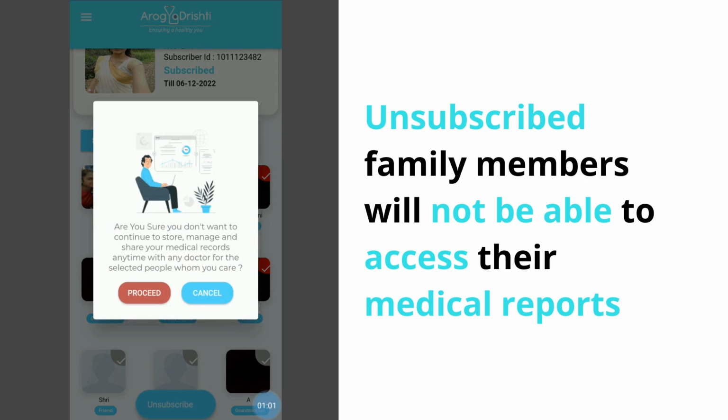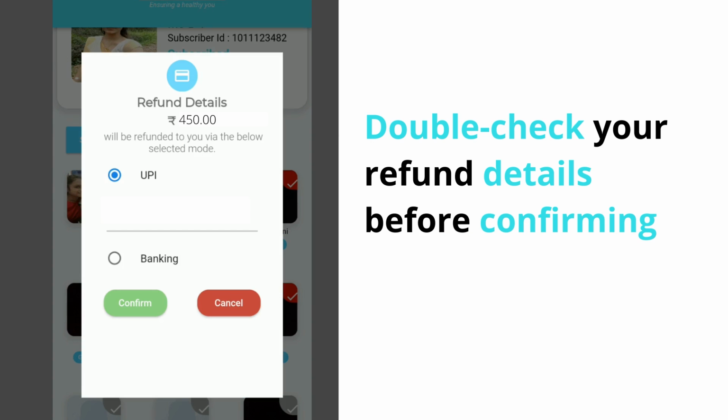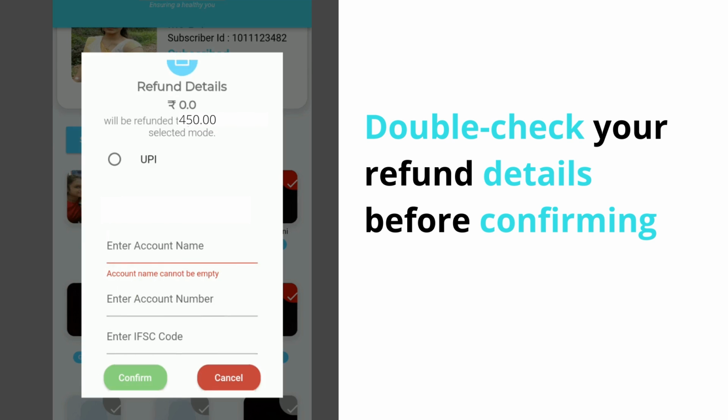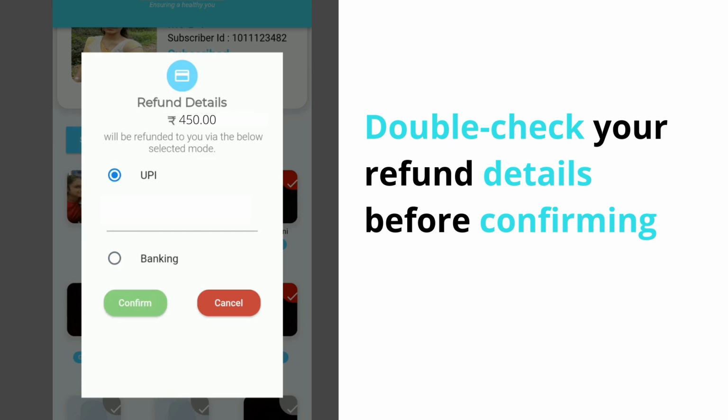Please note, once you unsubscribe, you will no longer be able to access any of the medical reports of the unsubscribed member. I'm going to click on to proceed. Once you proceed, you will get this refund details. Here you will have to fill in your UPI ID or your bank details so that you will get the refund after successful unsubscription.